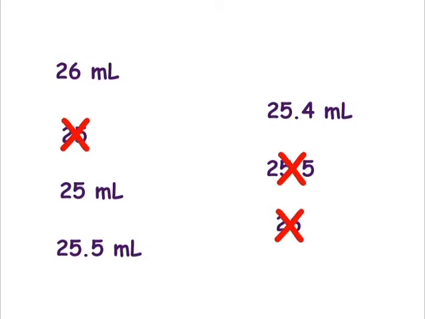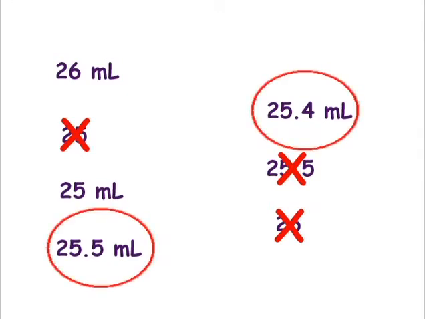The graduated cylinder has a marking for 25 milliliters and a marking for 26 milliliters. Our volume is somewhere between these two amounts. Using significant digits, we would say 25 point something, with the something being the estimated digit. So, I would say that both 25.5 milliliters and 25.4 milliliters are correct.